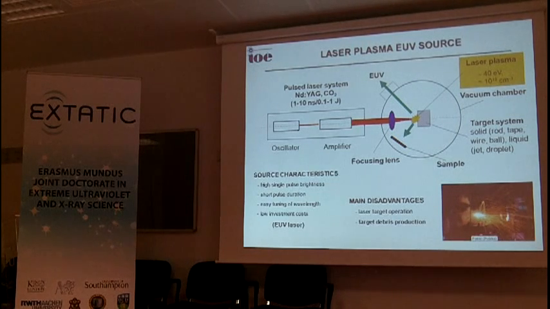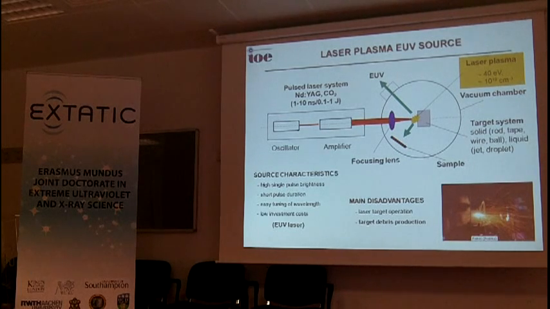Another problem is target debris production. Because of ablation, during the interaction of laser pulses with solid material, we produce a lot of products. The debris is composed of neutrals, ions, particles, and so on. So actually, this is a very good sputtering machine, and it is used for pulsed laser deposition.